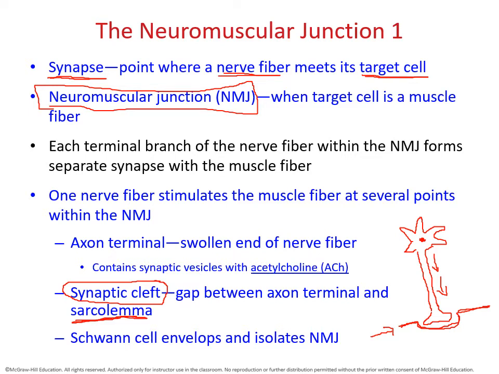So there is something called a Schwann cell, which is an example of a neuroglial cell that will protect the neuromuscular junction. It will isolate it from the rest so that no pathogen or abnormality can come into that location.